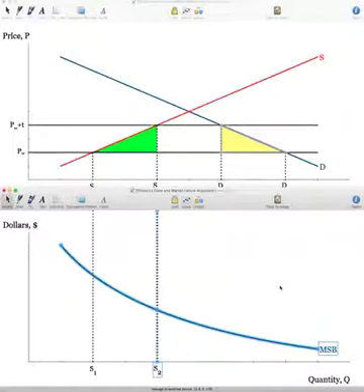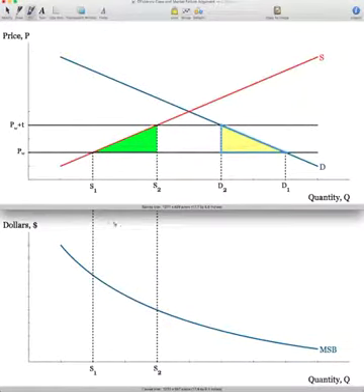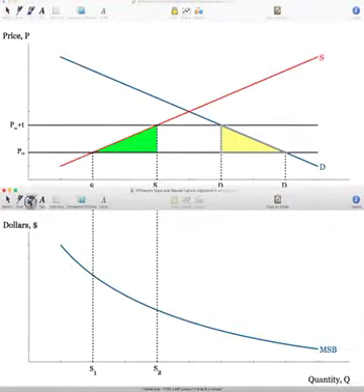So their argument is that the area underneath the marginal social benefit curve between S1 and S2, let me highlight that area here, and I will change the color of it to a gray.